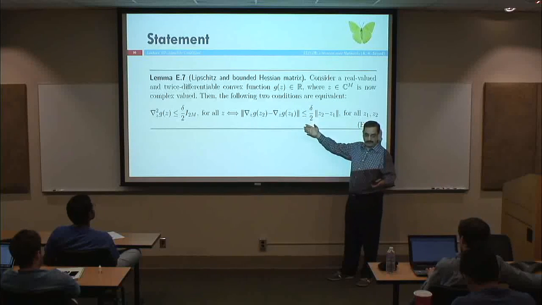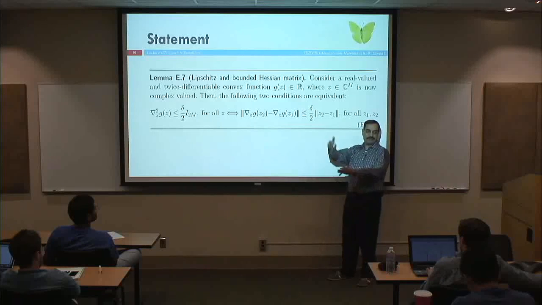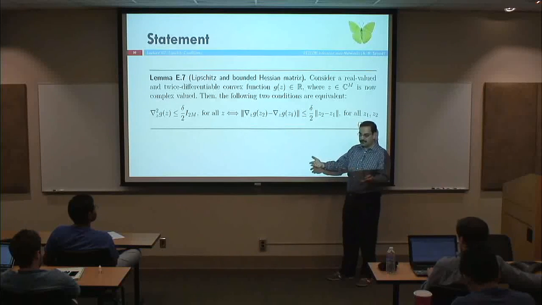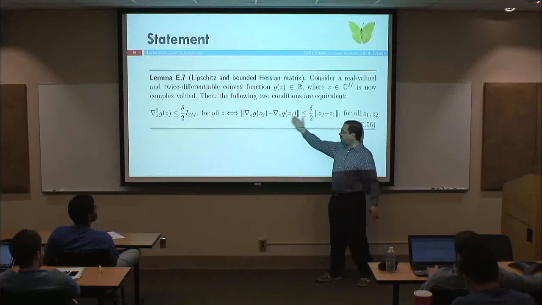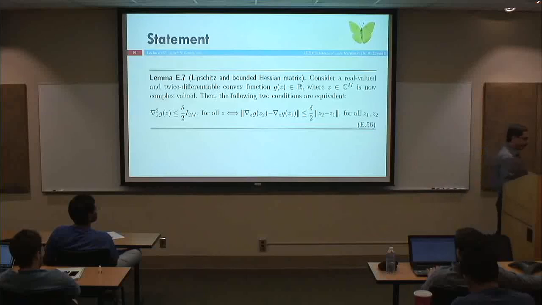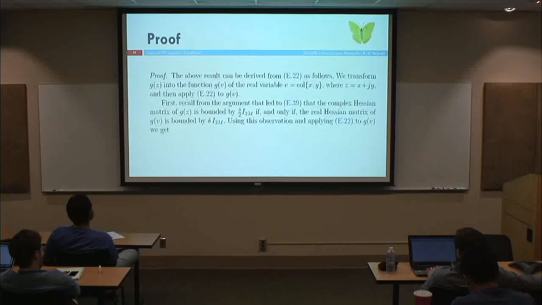Proof, I proved it in the real case. How do you prove it in the complex case? Work with G of V, which is real. Write down these relations in the real case and then transform them to the complex case. So that's the argument I have in my notes.